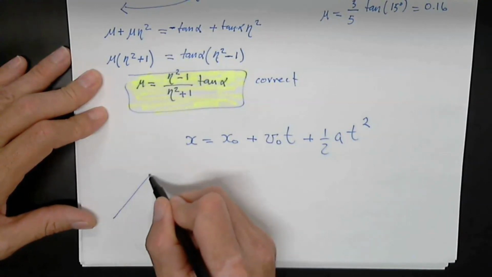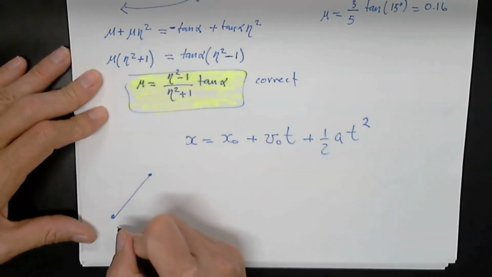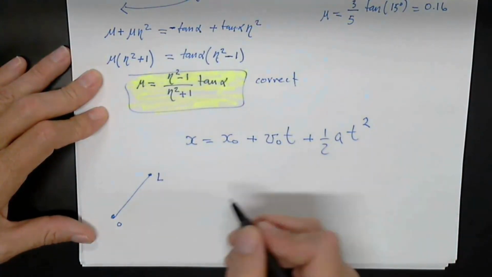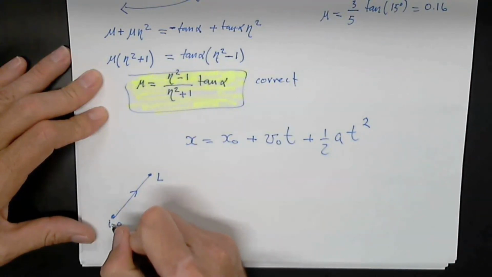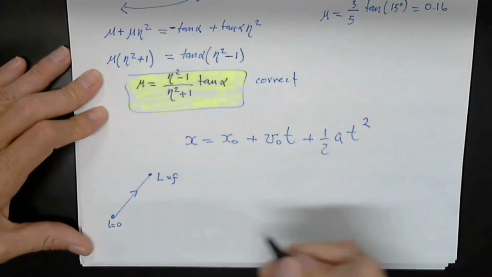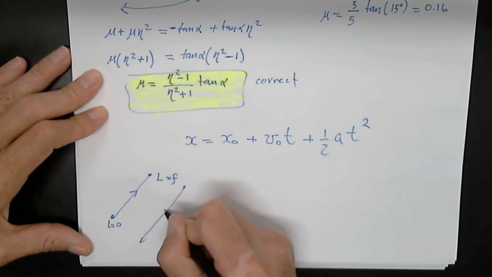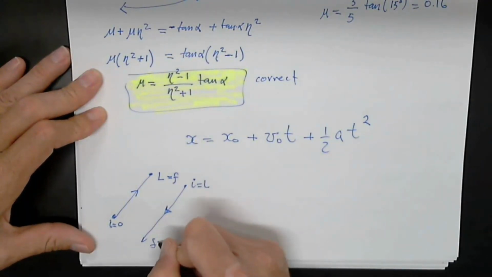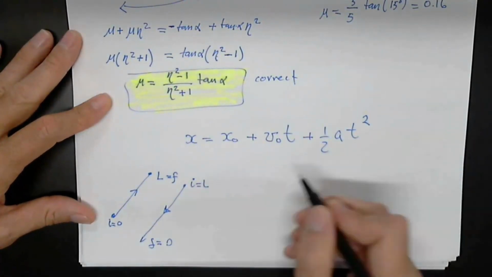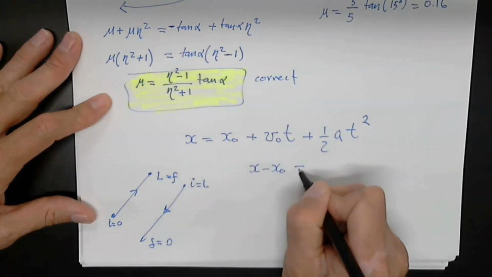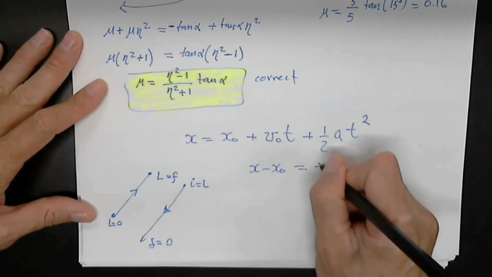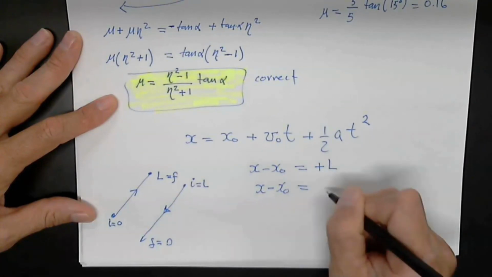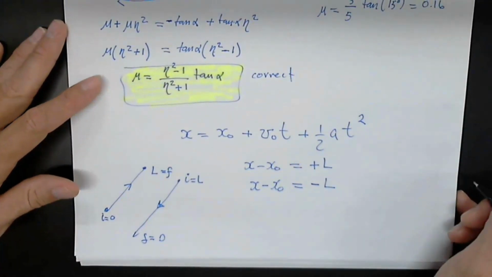So when it's going up, it's from 0 to L. Initial is 0, final is L. But when it's going down, initial is L and final is 0. So x minus x naught, when it's going up is plus L, and when it's going down is negative L.